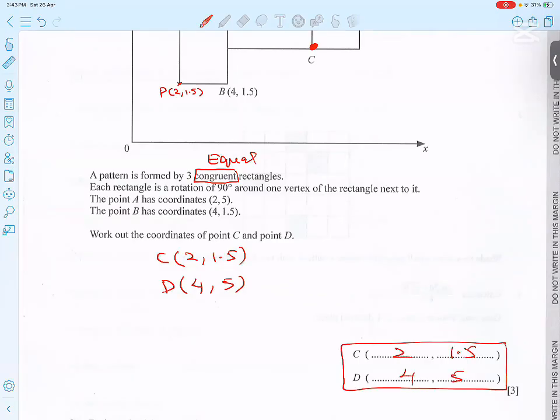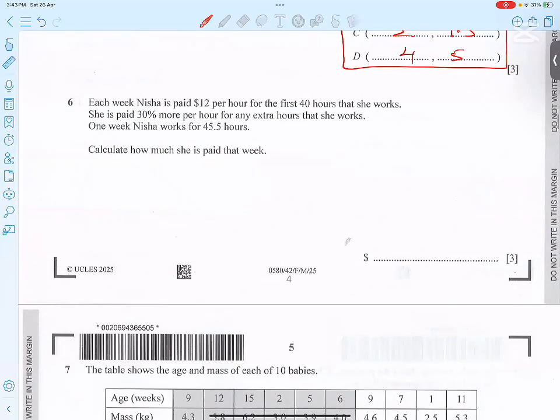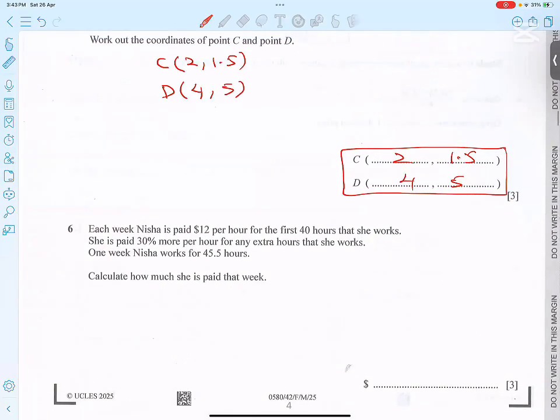Now let's go to the question below. Let's read the question carefully. Each week Nisha is paid $12 per hour for the first 40 hours that she works. Repeat again: for the first 40 hours, $12 per hour we have to pay.